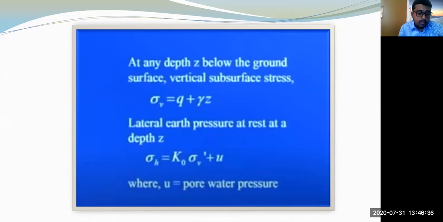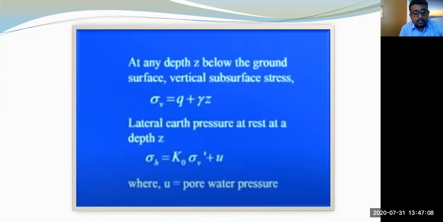So first let us see the vertical stress at any particular depth z. Sigma v is equal to Q plus gamma z, and then the lateral pressure at rest at that depth, sigma h, is equal to K naught into sigma v dash plus mu, where mu is the pore water pressure present in the soil.